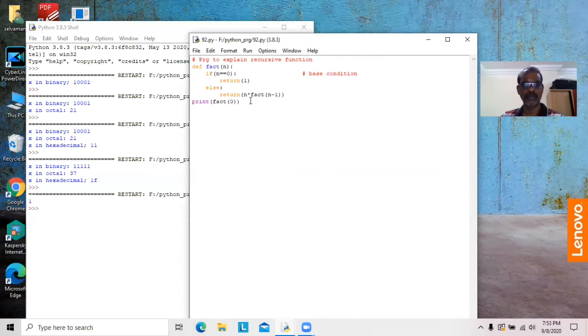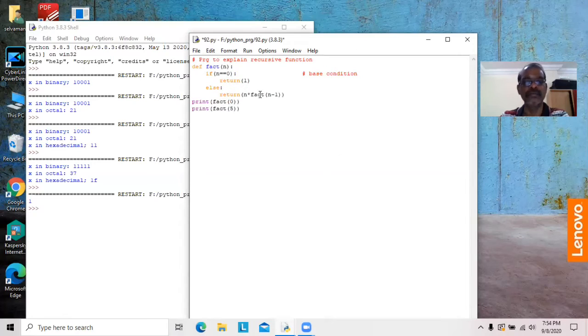Okay. What will happen, sir, for fact of 5? Fact is a function. n is a parameter which is assigned by argument 5. Now 5 double equal to 0, the condition becomes false. This else block will execute.